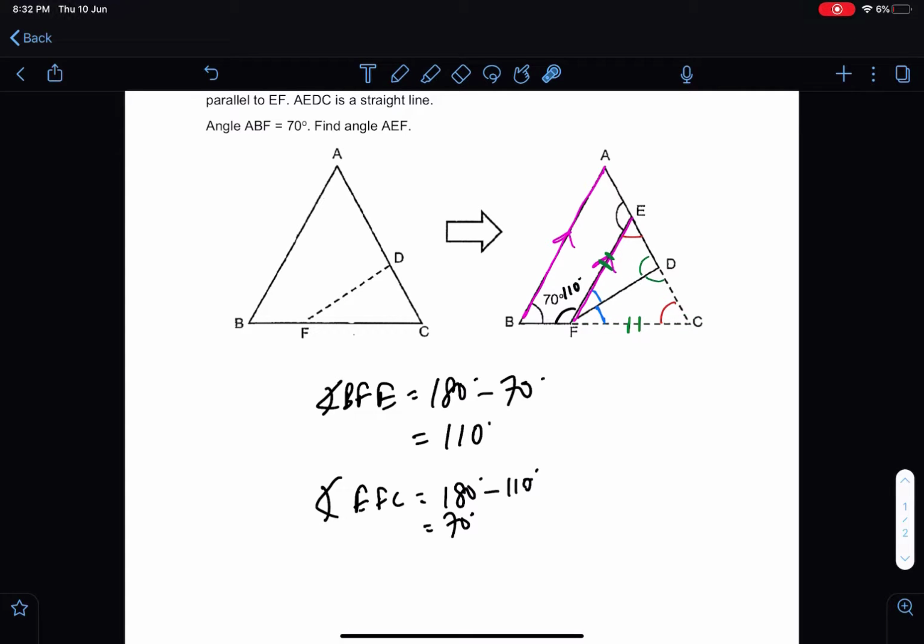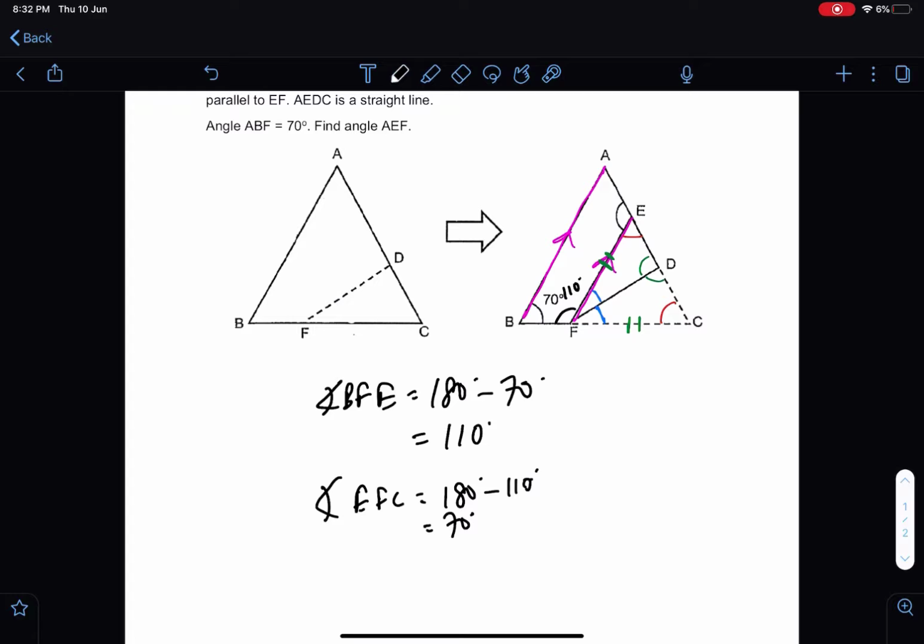So basically, this is an isosceles triangle, whereby FE is the same as FC. And since we know angle EFC, which is this entire blue angle, is 70 degrees, we just found that, we can find these red angles here and here.